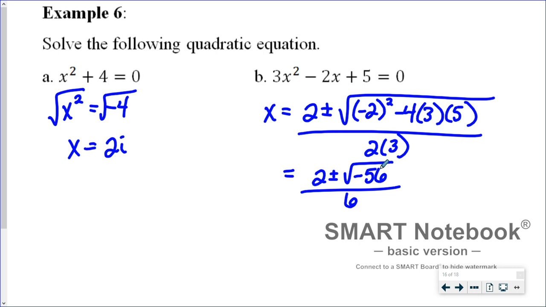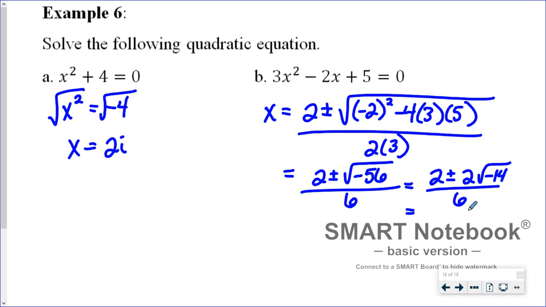All right, so what perfect square goes into 56 nicely? Well, 8 isn't a perfect square. So 4 does, though. All right, I think 4 goes into this 14 times. So this is essentially 2 plus or minus 2 times the square root of negative 14 over 6.